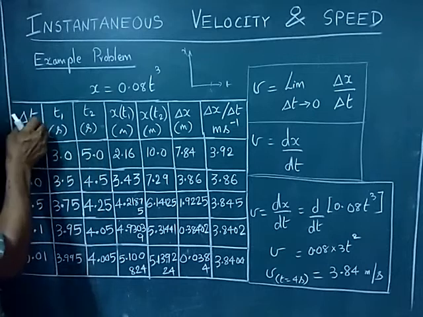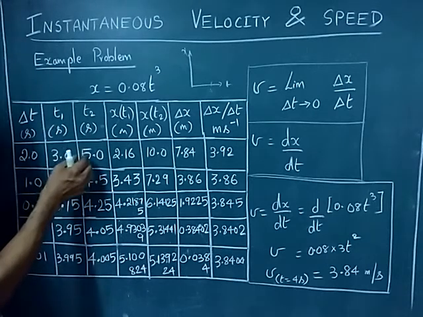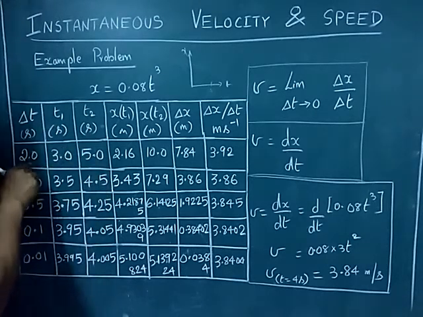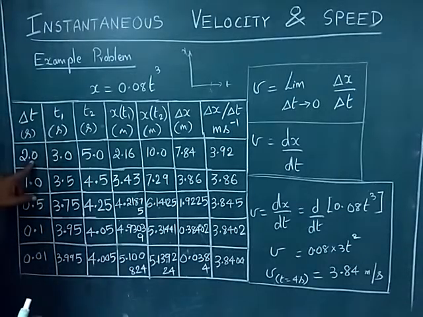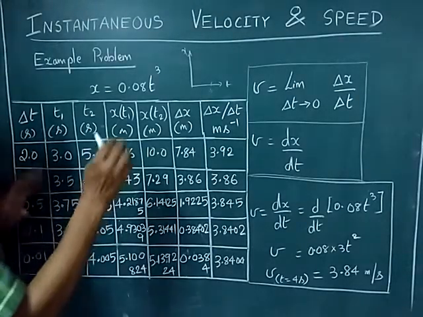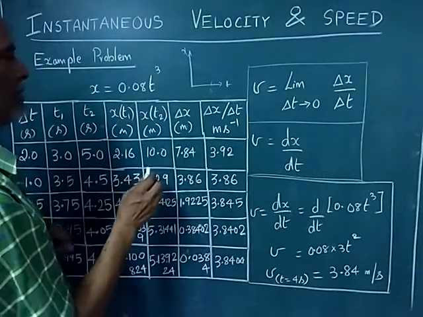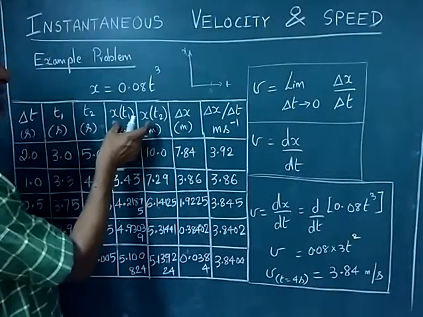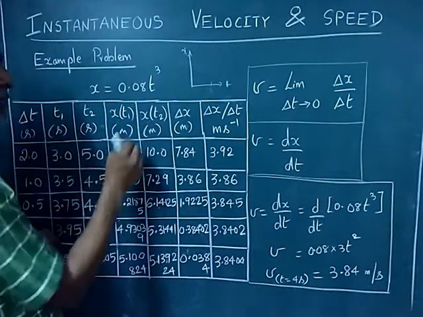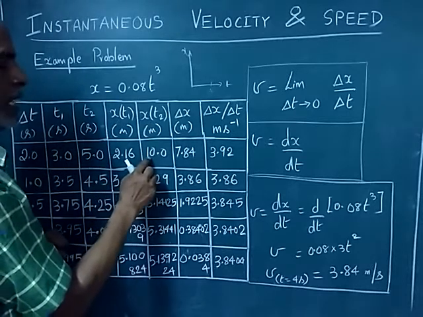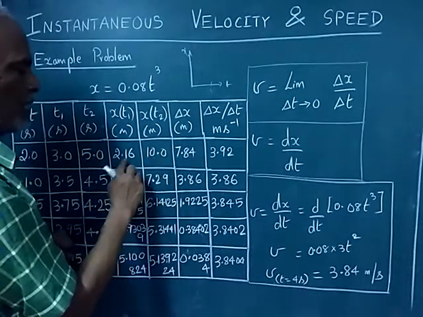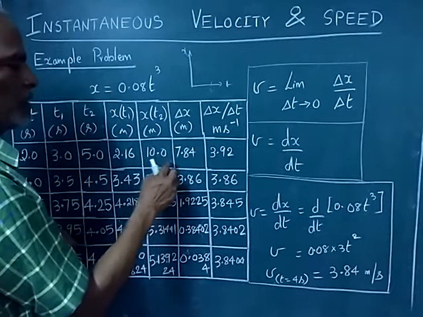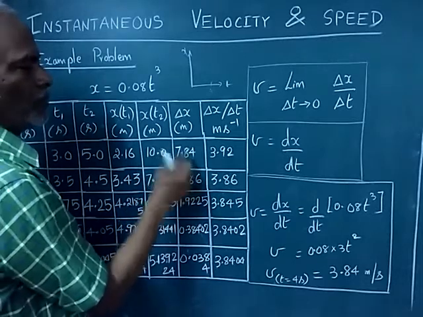Now what is del t? t2 minus t1, 5 minus 3, which is 2 seconds. Del x is the difference in these two distances: 10 minus 2.16 gives 7.84.